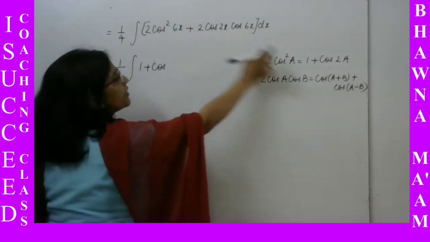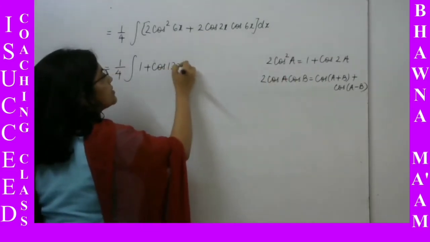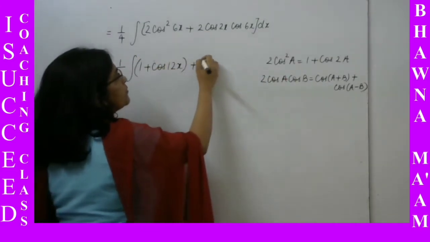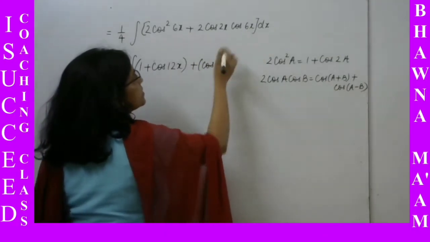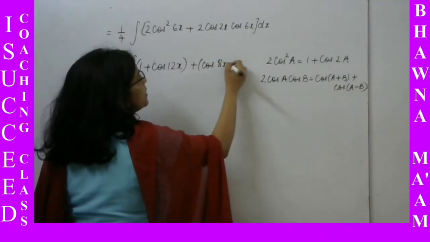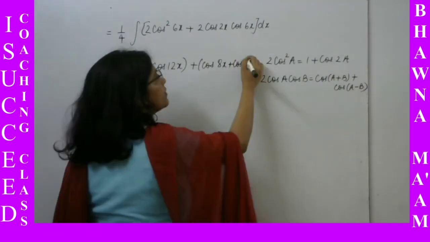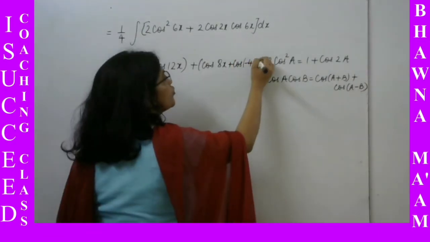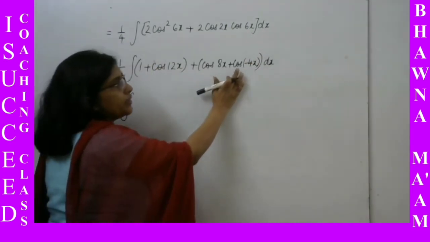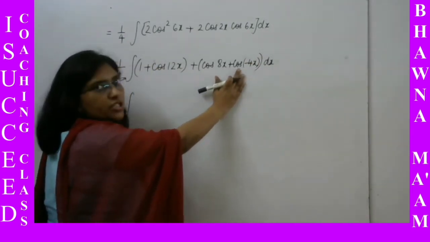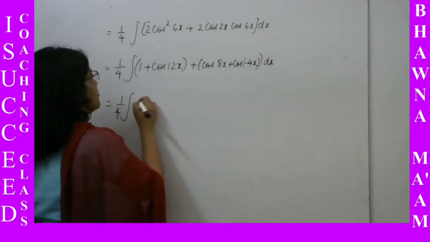It is a double angle, so this will become 12x. And same way, this is cos(2x plus 6x) plus cos(2x minus 6x). So we are going to get minus 4x. But then, cos is an even function, so now we'll write cos of 4x.